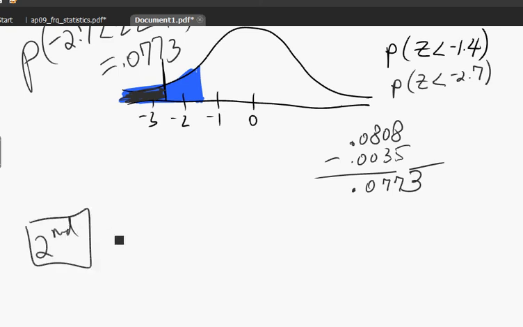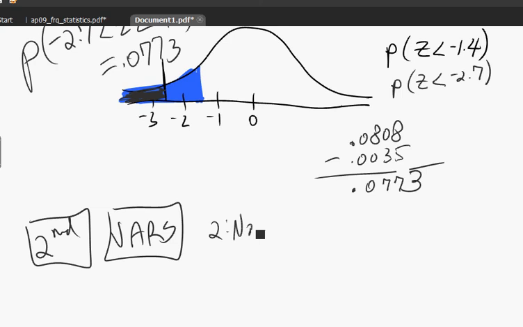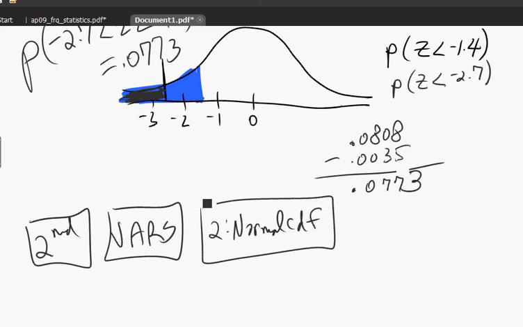You hit the second and the vars key, and then you look for normalcdf, and it's number 2. So it says normalcdf. That's the one you want, number 2. You go to that and hit enter.